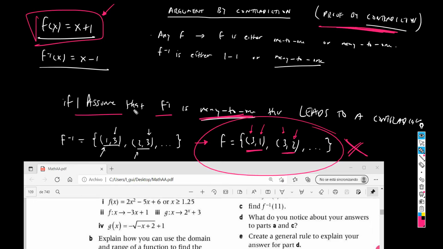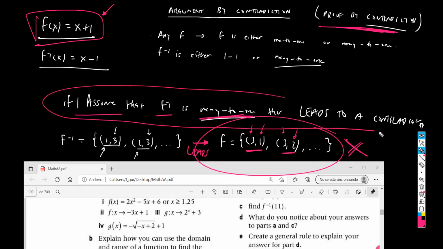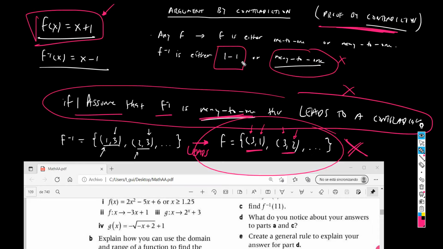If you prove that an assumption leads to an absurdity, to a contradiction, then you have to say that the assumption is false. So f inverse cannot be many to 1, and if f inverse is not this, then it must be 1 to 1.